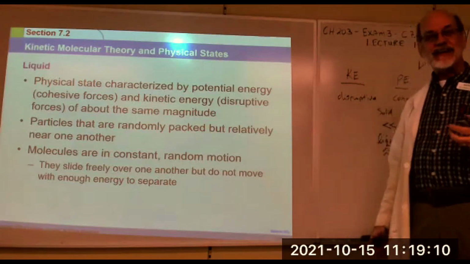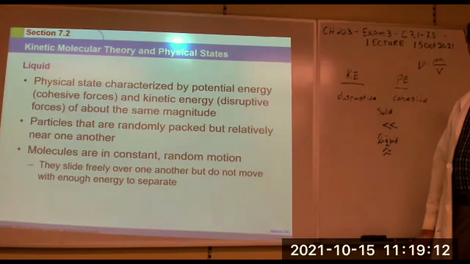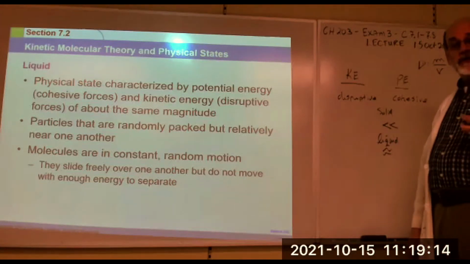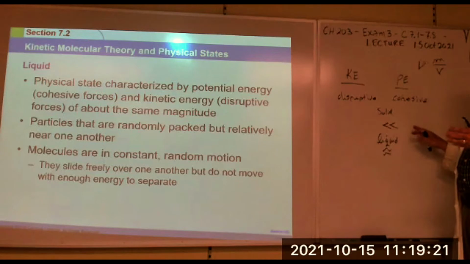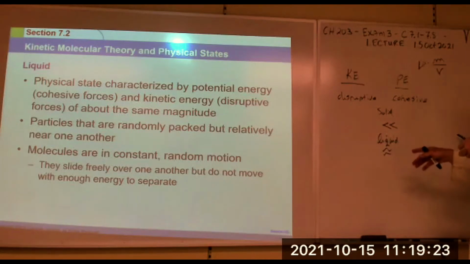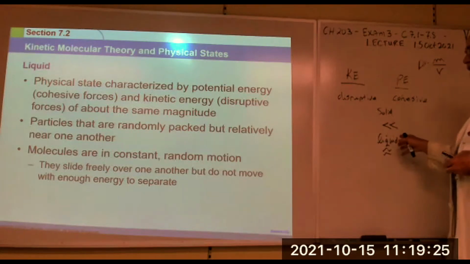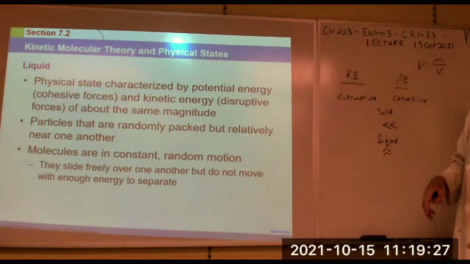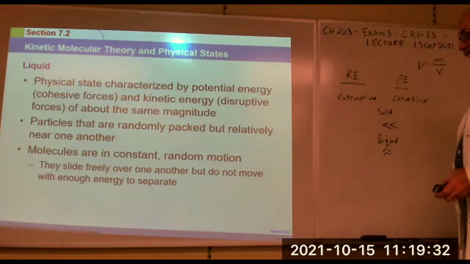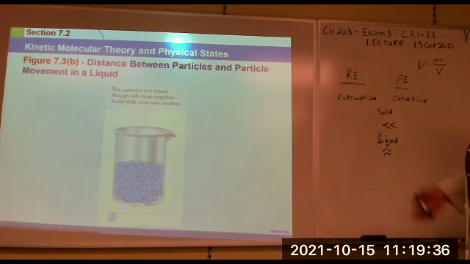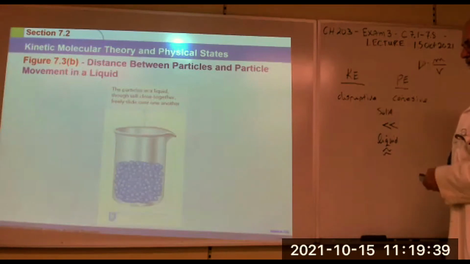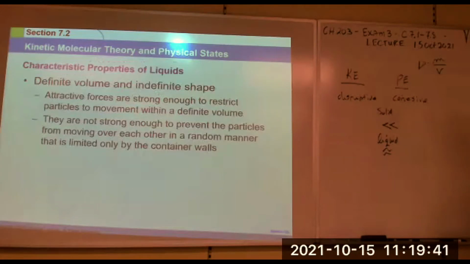That's why they can't maintain their own shape. They're close enough, and the cohesive forces are strong enough, that they can maintain their volume at a given temperature. But the forces are not strong enough to hold their shape. So liquids have to be placed in a container. So there you are, a liquid in a beaker.